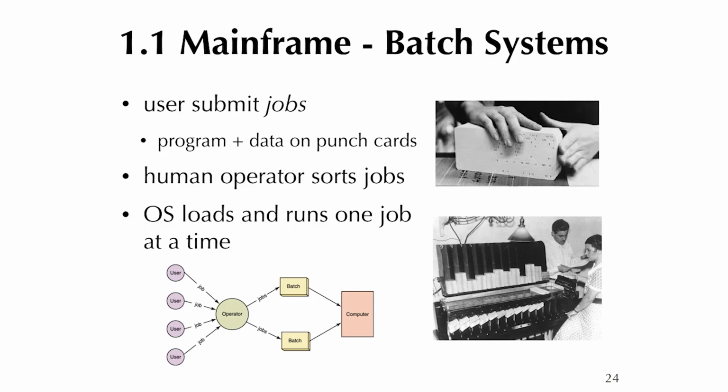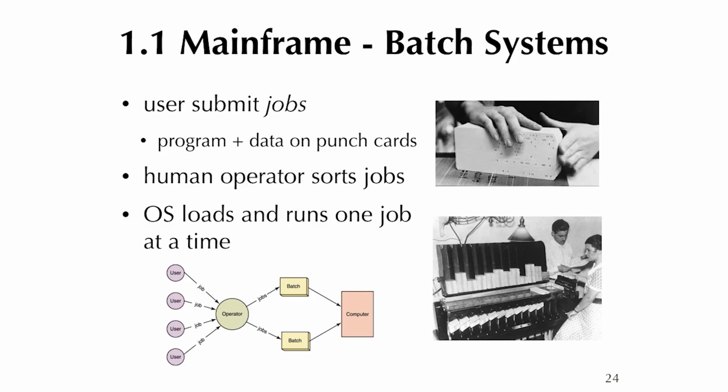You can take a stack of these cards, feed it to a machine, and based on the holes punched, it can read the characters, and that's how a program or data gets loaded into a computer's memory. And of course, if you happen to drop the stack of cards out of order, oops, you have to take time to sort them back. Or if you rip one, you have to type another one.